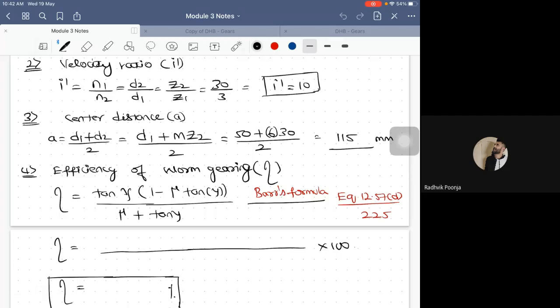So tan of 19.79 into 1 minus mu, mu is 0.05, cross tan of again 19.79, close the bracket, 0.05 mu plus tan of 19.79. So this whole thing, if you multiply it by 100, you'll get the value in percentage. So what is the value?